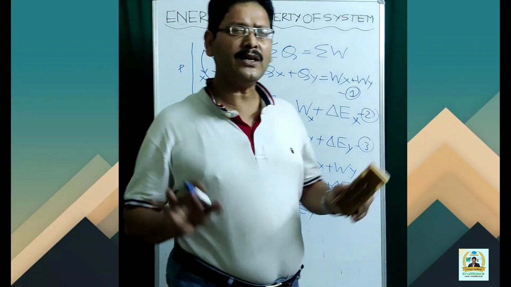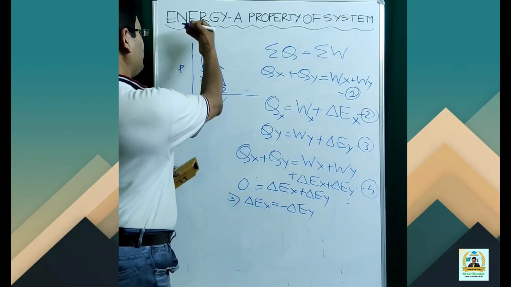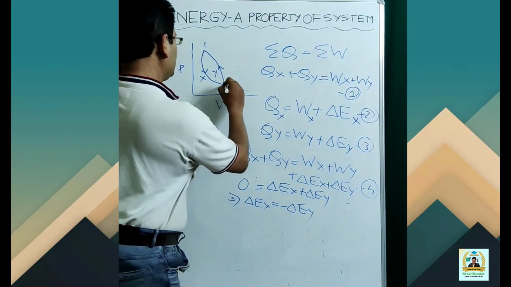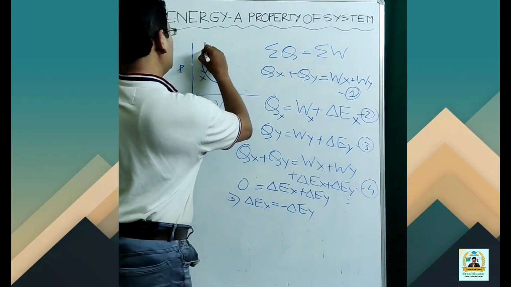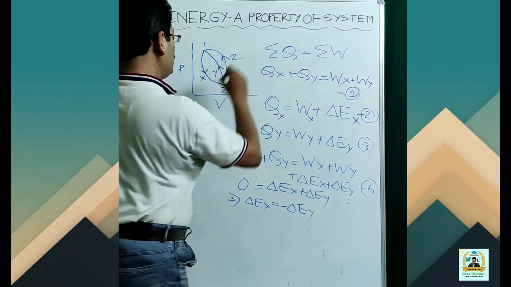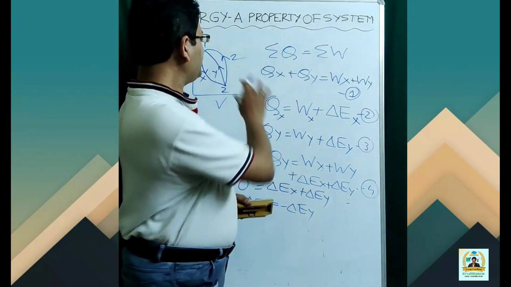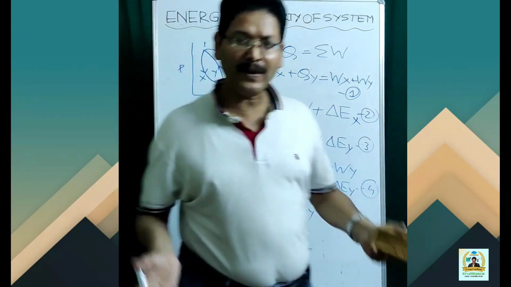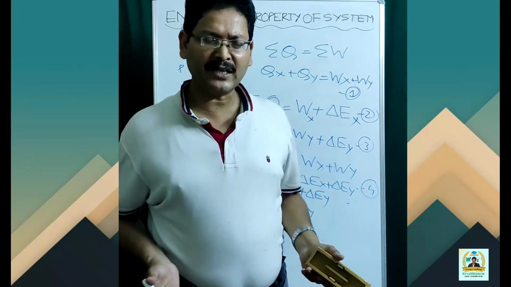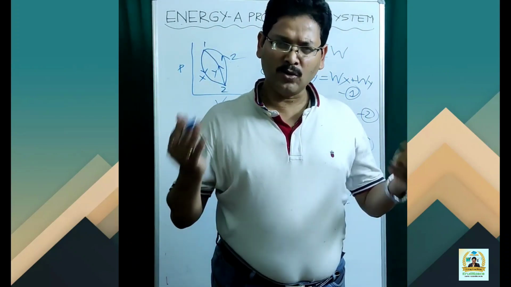Now suppose it is following a different path. It is not following the path 2y1. It is following path 2z1 to reach point 1. We can again apply the first law of thermodynamics for a closed cycle.